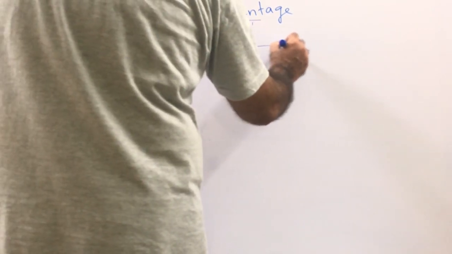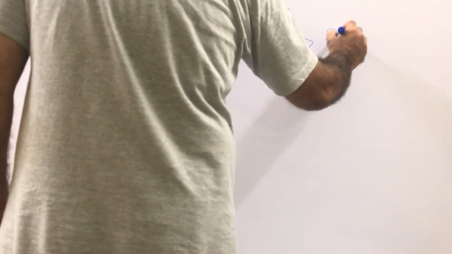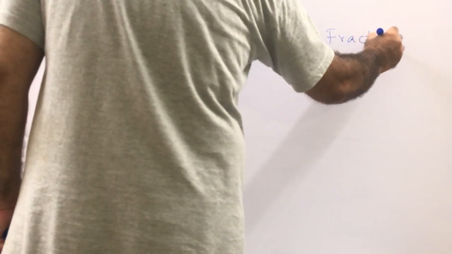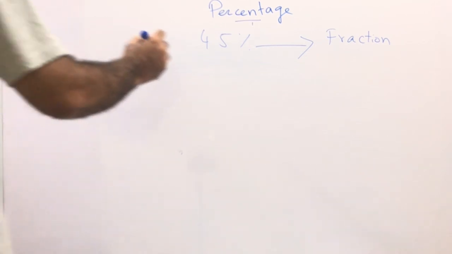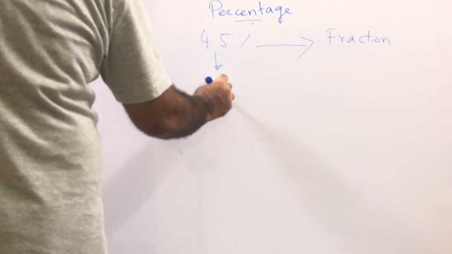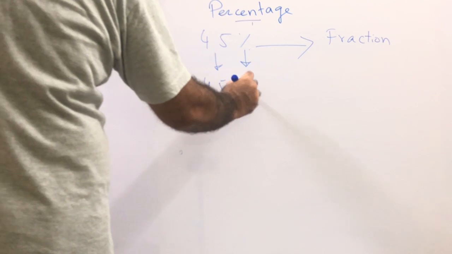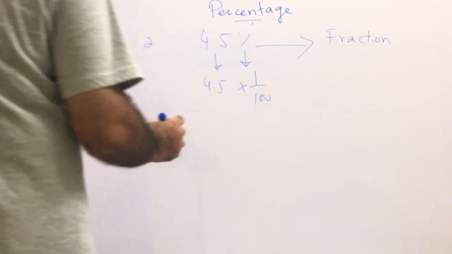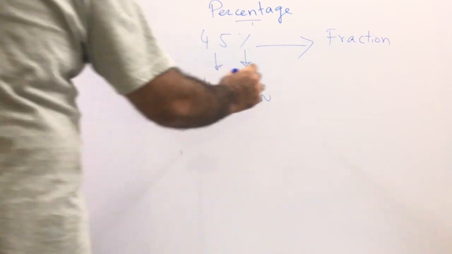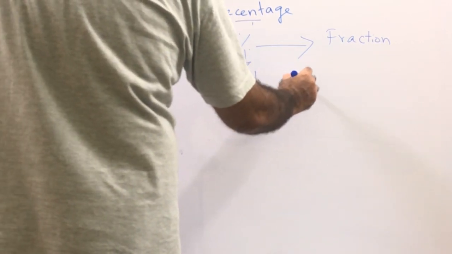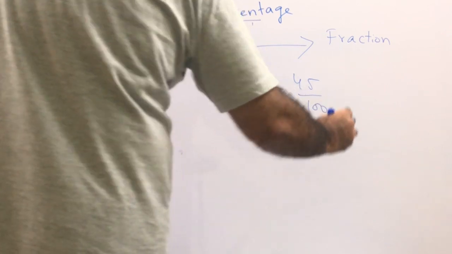We know that percent means 1 over 100, so we write 45 times 1 over 100. So it becomes 45 divided by 100.